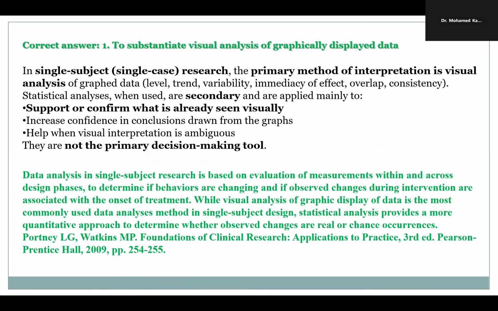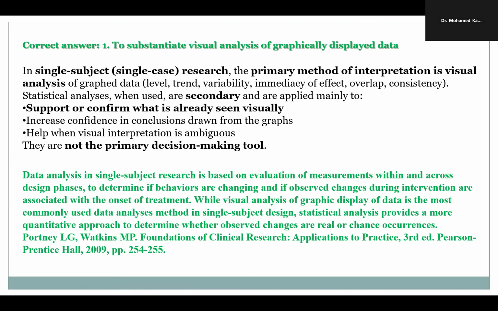Sometimes we call it case study research. The primary method of interpretation is visual analysis of graphic data. We might look at the level, trend, variability, immediacy of effect, overlap, and consistency.